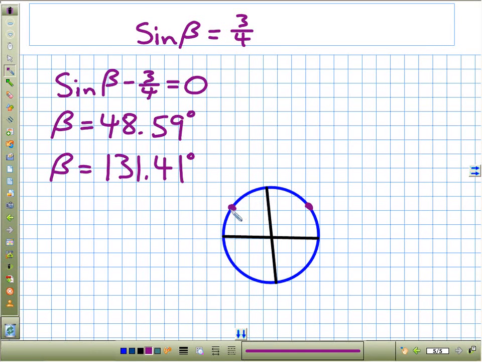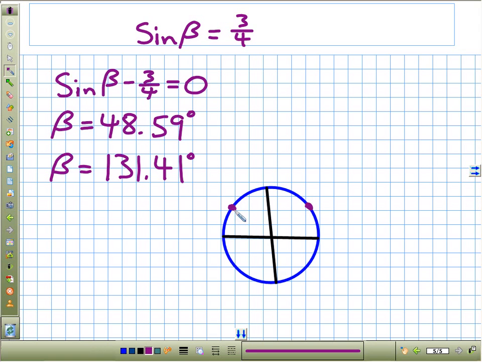Now, look, notice there's some symmetry here, right? Just because 3/4 is not on the unit circle doesn't mean that there's still no symmetry. In other words, we found the degree that's associated with this y-coordinate of 3/4. Well, remember the symmetry. If it's in quadrant 1, then it's also going to be in quadrant 2, right? Do y'all see that?